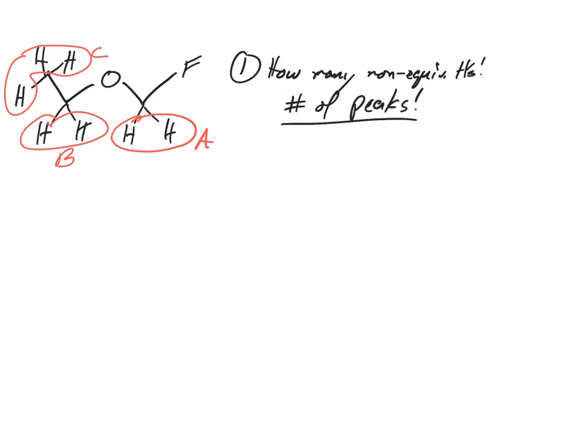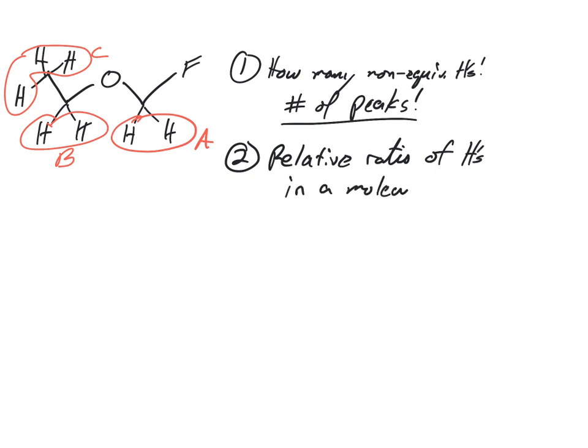Good. What's the second thing NMR tells us? It tells us the relative ratio of H's in a molecule, otherwise known as the integration.